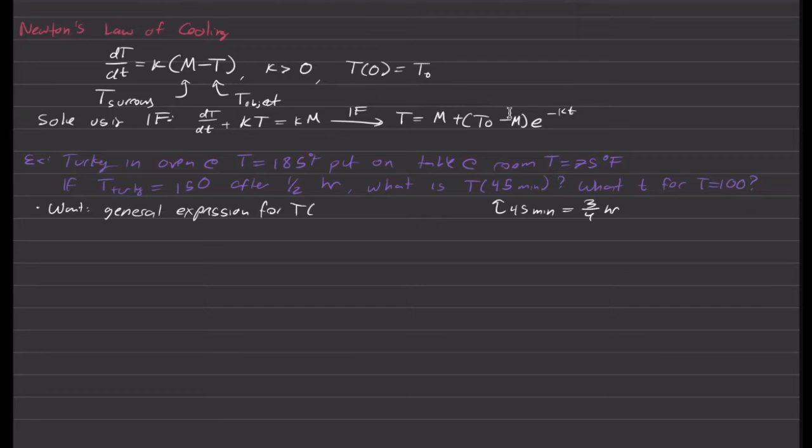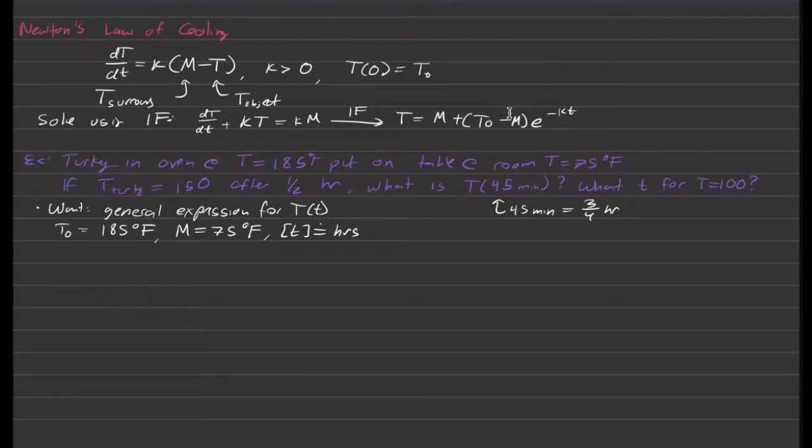A general expression for T of t. We can just take this formula we defined up here and say, okay, I know that my T naught is equal to 185 degrees Fahrenheit, that's my initial temperature, and my surroundings, M, are at 75 degrees Fahrenheit, and let's say the units for t are going to be in hours.